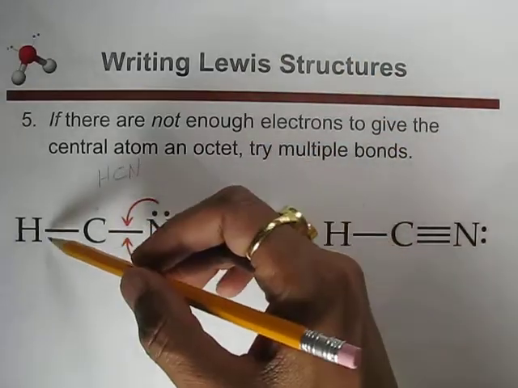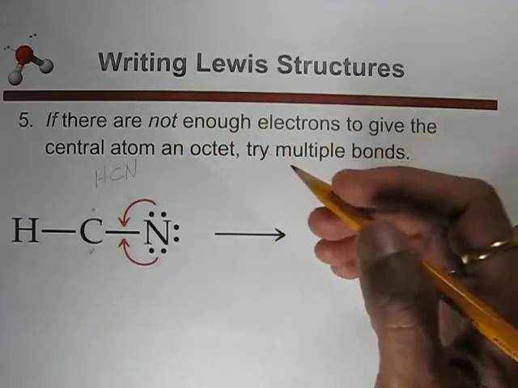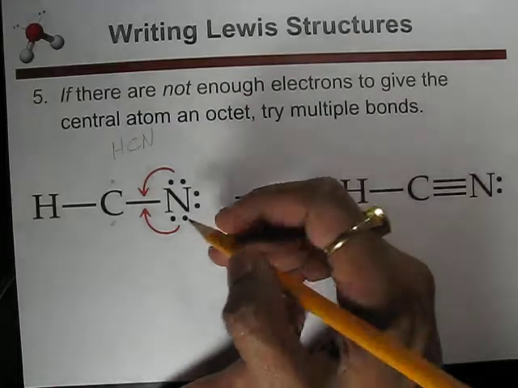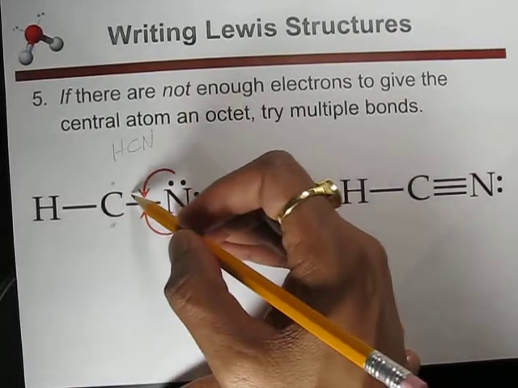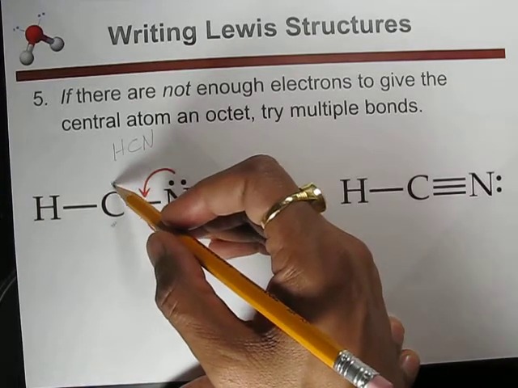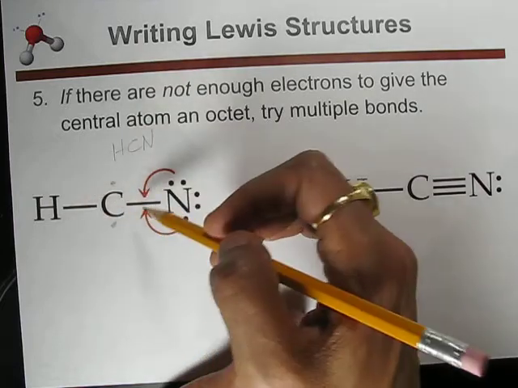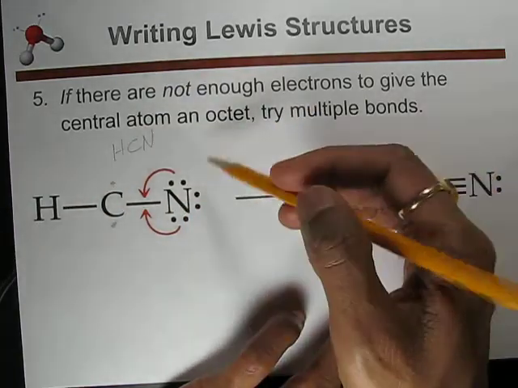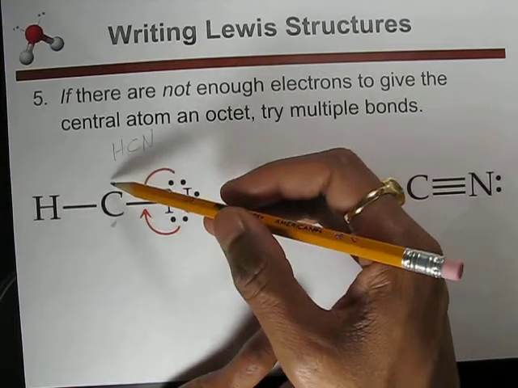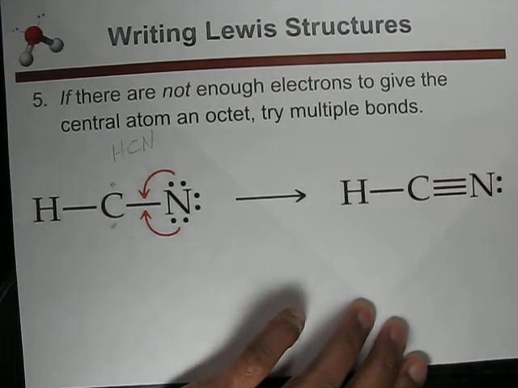We can first make a single bond between each atom, and then figure out that carbon has 4 valence electrons. So 1 electron remains here, 1 electron remains here, 1 is shared with the hydrogen, 1 is shared with the nitrogen. But if we count the total electrons for carbon, 1, 2, 3, 4, 5, 6, it still needs 2 more electrons.